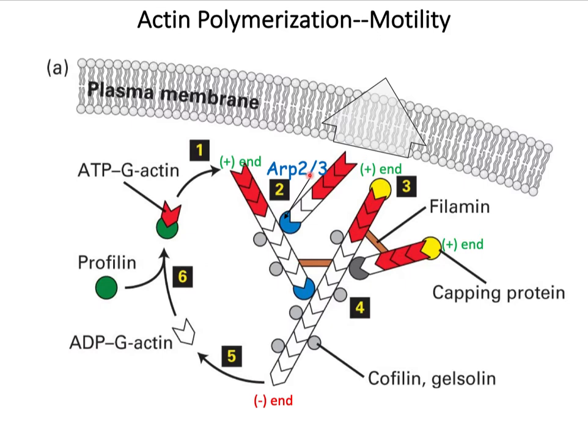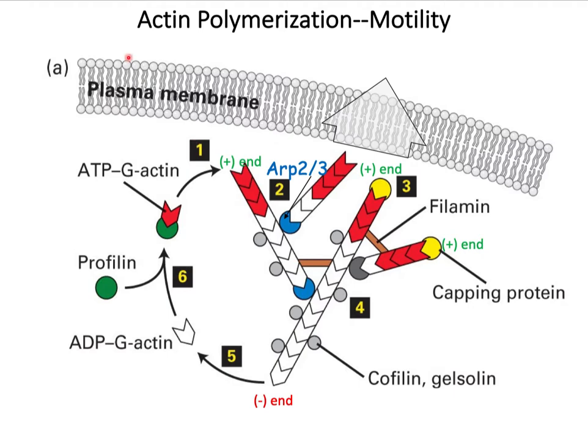This is really important when the cell wants to change direction. Let's say you have a filament and the cell is moving in this direction, to the northeast, and the cell receives a signal that it needs to change direction and move more towards the north, straight north, or more towards the northwest.